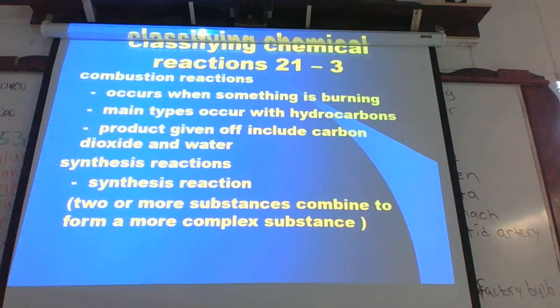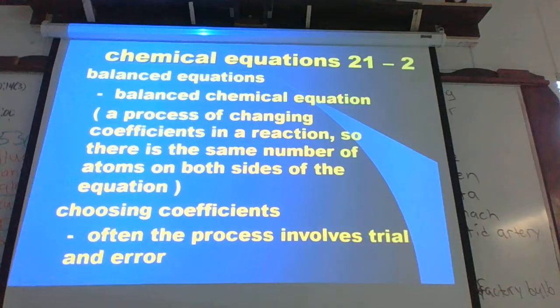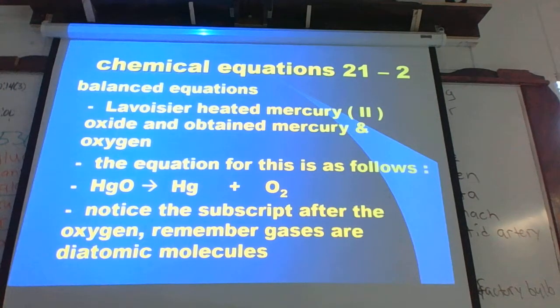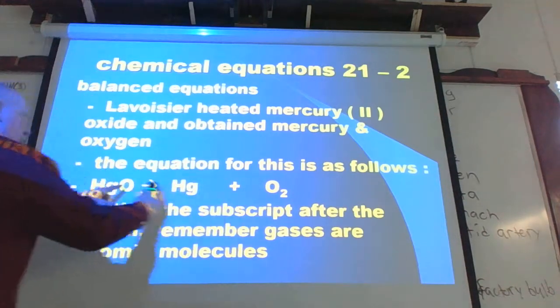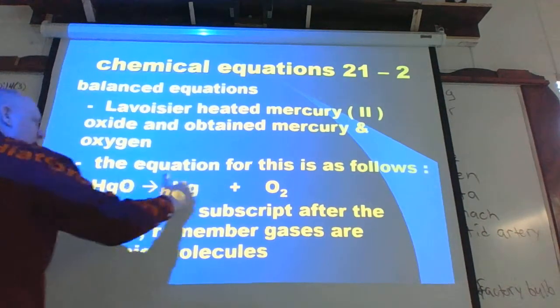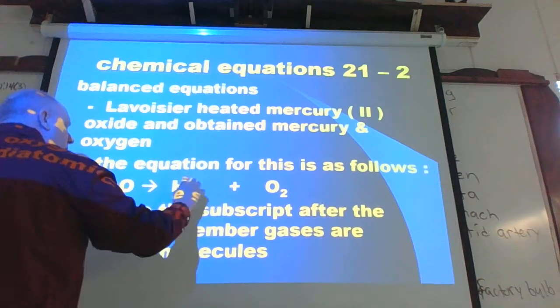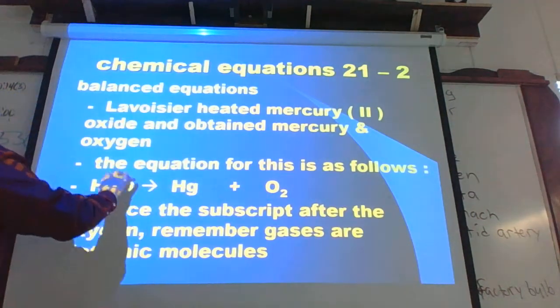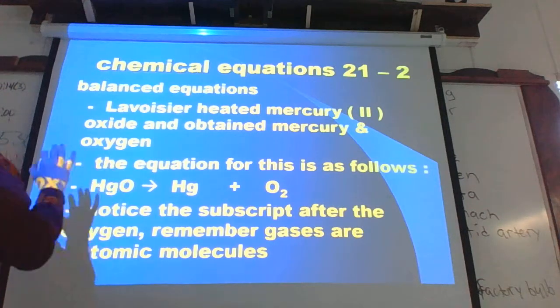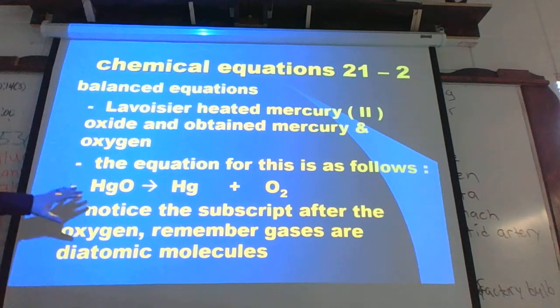When we're dealing with synthesis reactions, we are taking 2 substances and combining them, which is the exact opposite of a decomposition type. So if we took these 2 substances and combined them, we would get mercuric oxide. We're taking a metal and a gas here, combining them to synthesize or make mercuric oxide.